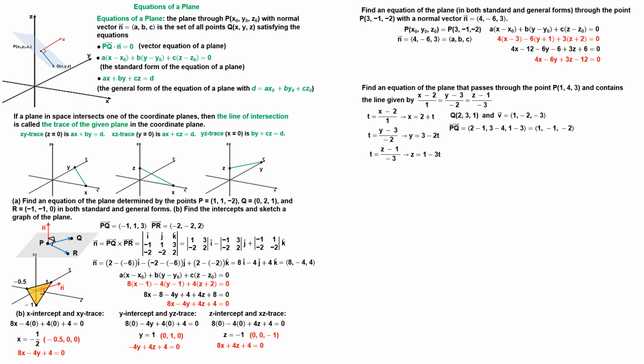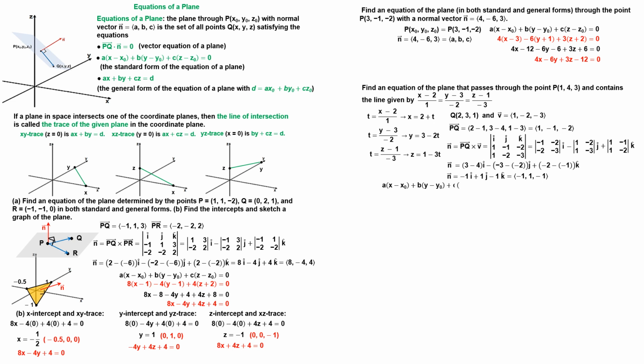To find the normal vector n, we use the cross product between vectors PQ and v. Now we use the given point P and the normal vector to obtain an equation of the plane.